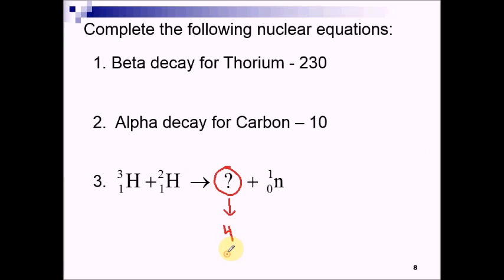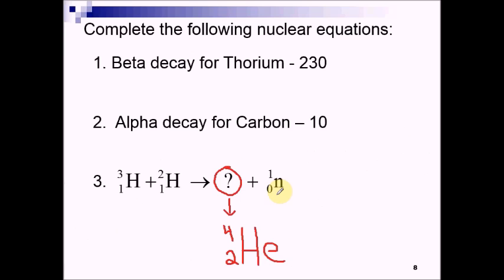So of course that should be 2. And since we've just done some examples like this, hopefully you already recognize the 2 and the 4 has got to go with an alpha particle, He, which in this case is a fusion example. Like in the sun and the stars, hydrogens will fuse into a helium. And in this case, we have an extra neutron emitted.